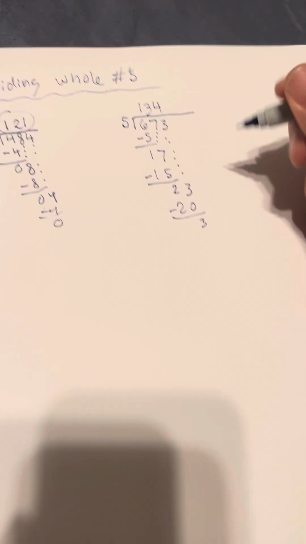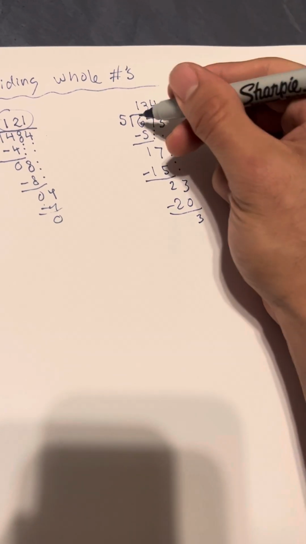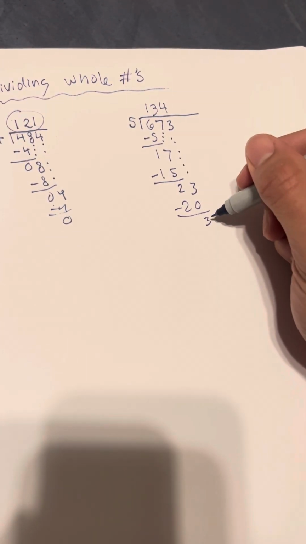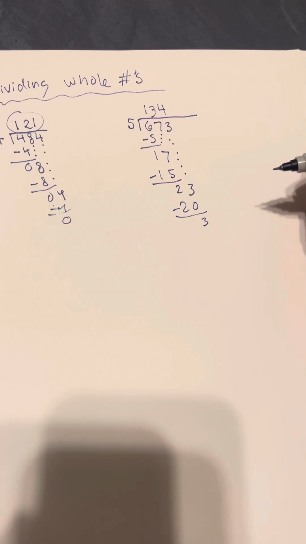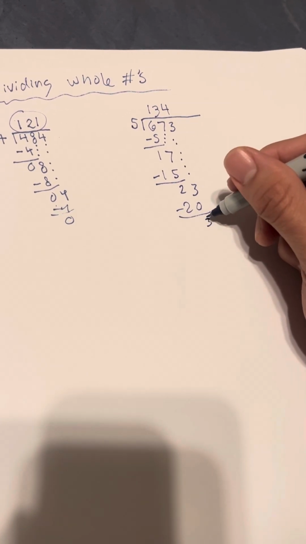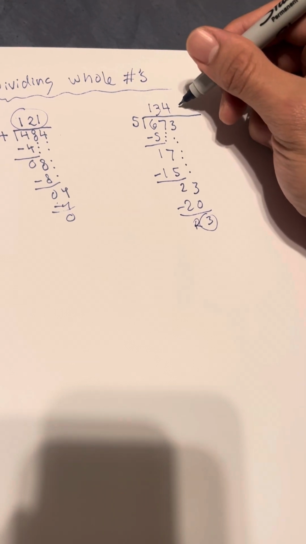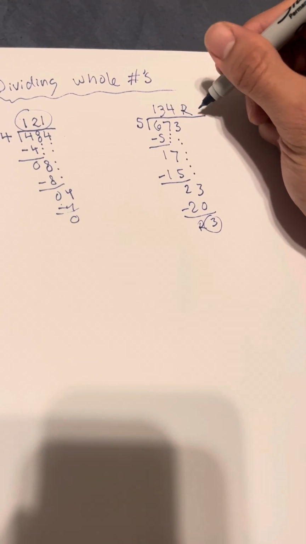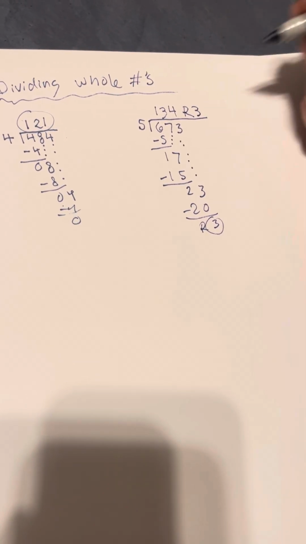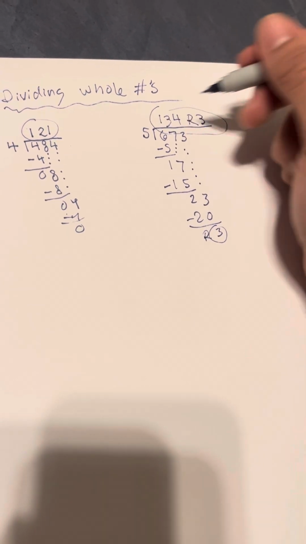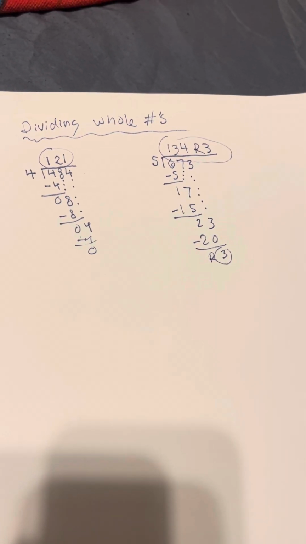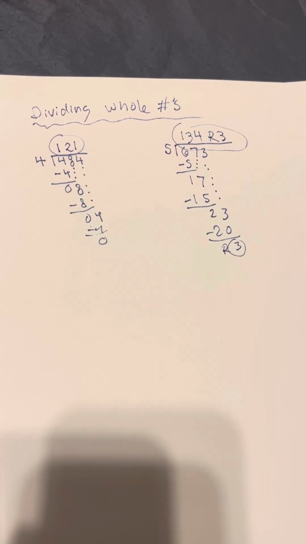And we have a 3 left over here. But 5 cannot go into 3. So what we'll do is this will be our remainder. So we will put an R and remainder 3. So the answer is 134, remainder 3. That's how we divide whole numbers.